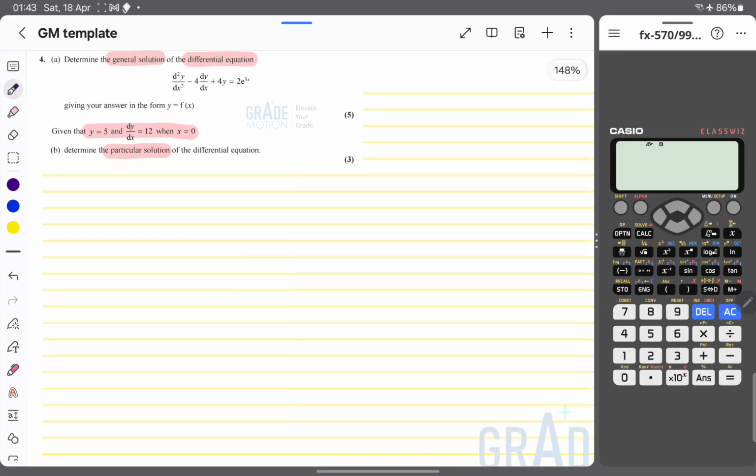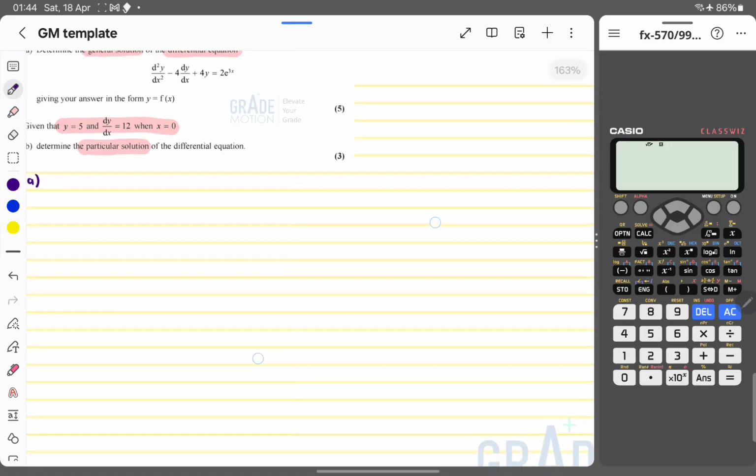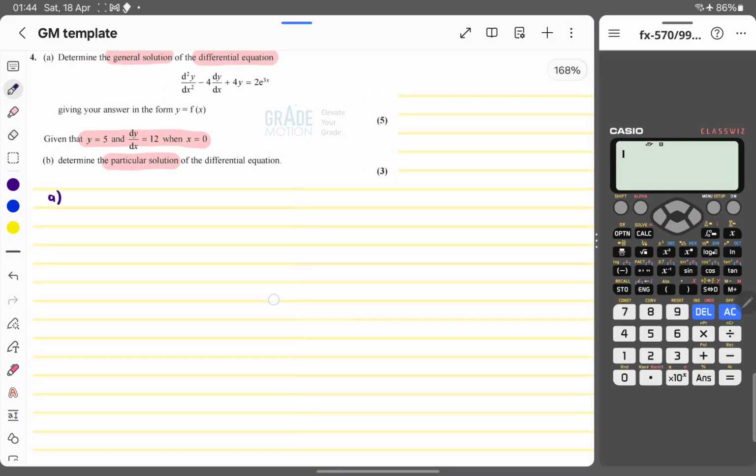In order for us to find a general solution, we must find the complementary function part and also the particular integral part. Let's begin with finding our complementary function. Complementary function YC.